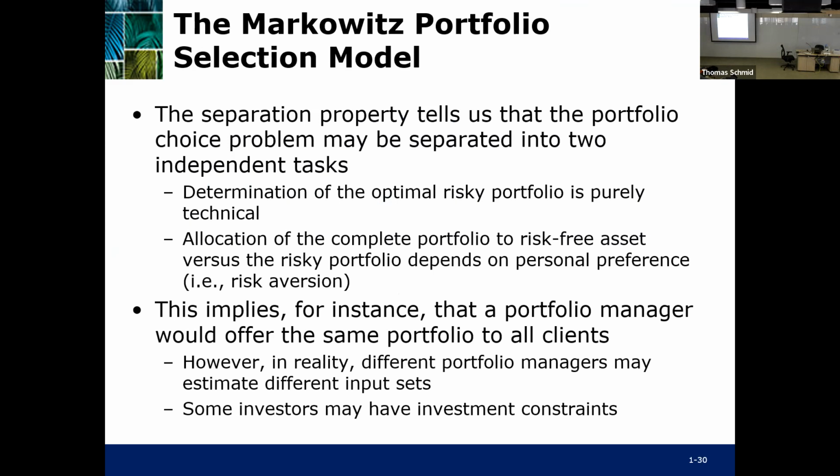Okay? And this is actually the starting point of the capital asset pricing model. So the capital asset pricing model will start from exactly this moment when we say, look, the optimal risky portfolio is the same for every investor. This will be the core starting point and also the core assumption of the capital asset pricing model. Because the Markowitz portfolio selection model doesn't care about what are the general effects of that.